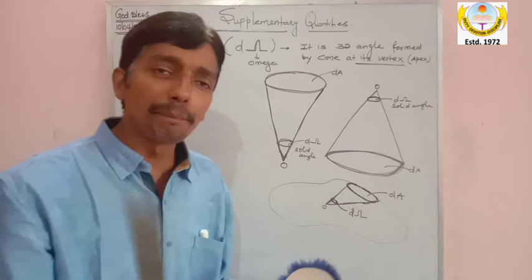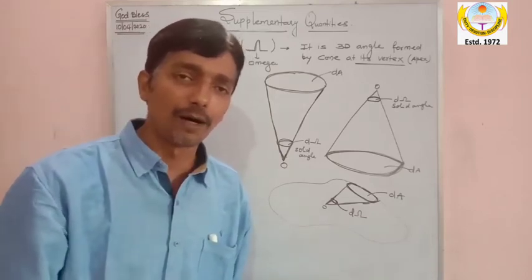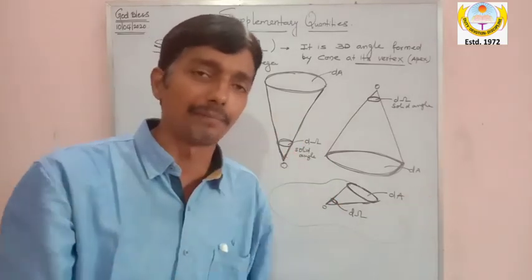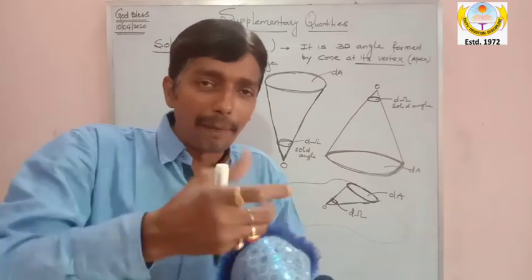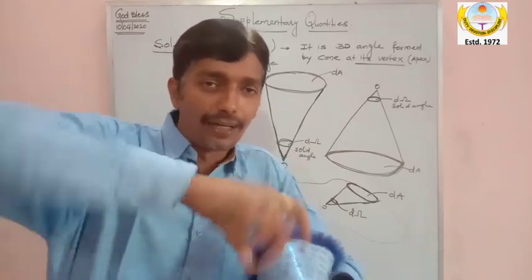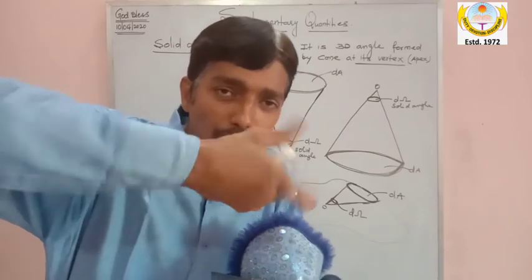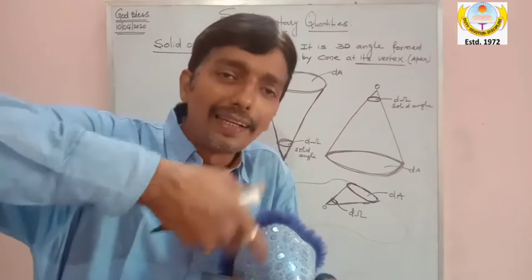The similar example you can observe when you go to the Bhelpuri shop, or when you go to the Mungfali shop and ask for a parcel of that Mungfali. What those shop people do is take a paper wrapper and fold it like this. The more they fold, the more area is intercepted. Are you getting me?